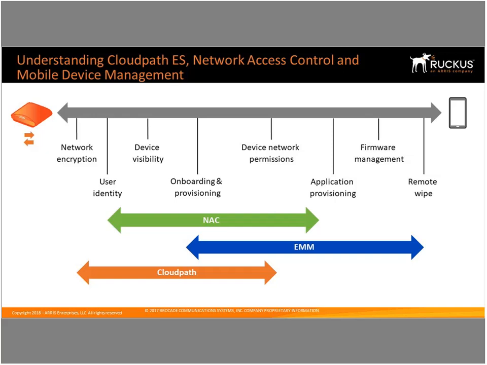Outside of those differences, Cloudpath provides a lot of NAC type functionalities, and there are a lot of RFPs that we see out there where it just mentions NAC, and we need to understand what exactly the customer is looking for. Nine times out of 10, they're typically looking for some onboarding and provisioning capabilities, which Cloudpath does a great job at. So in 9 out of 10 times, we've been able to successfully position and win with Cloudpath as a NAC.